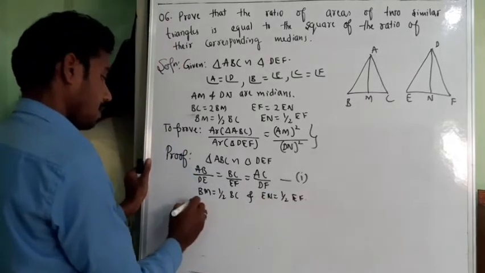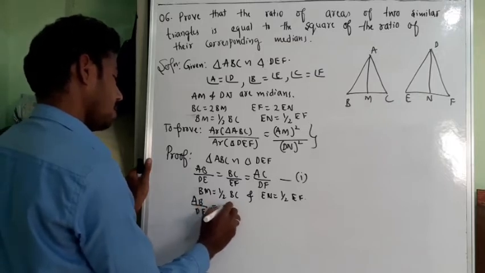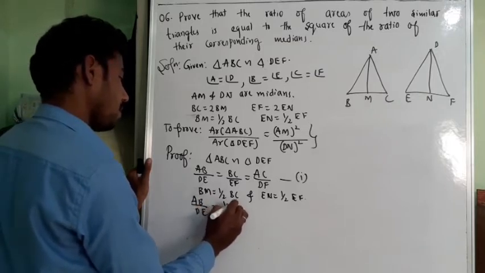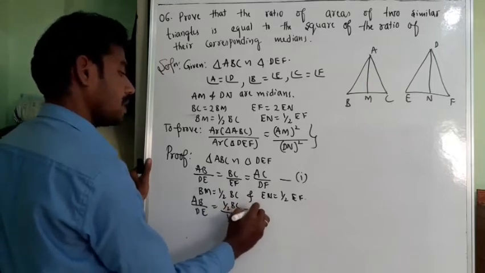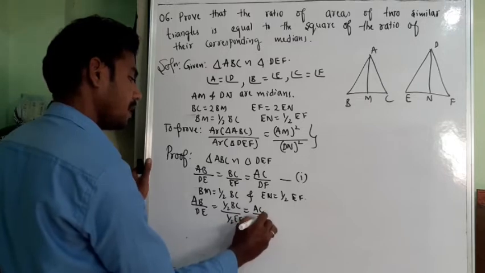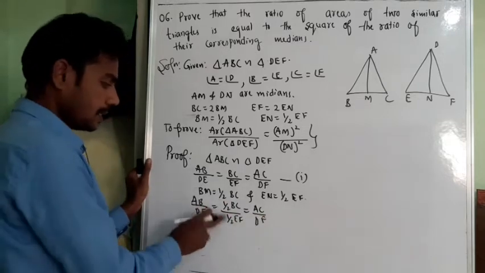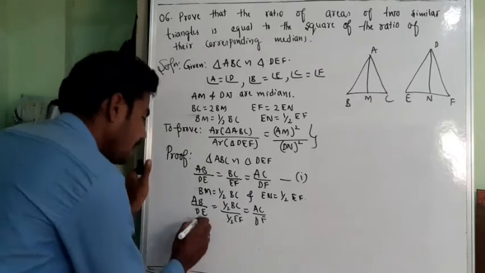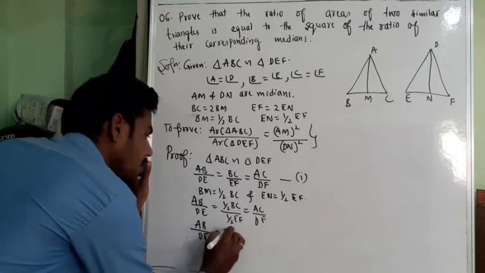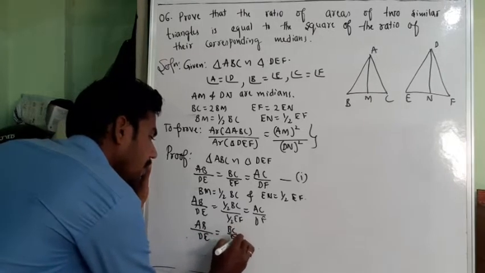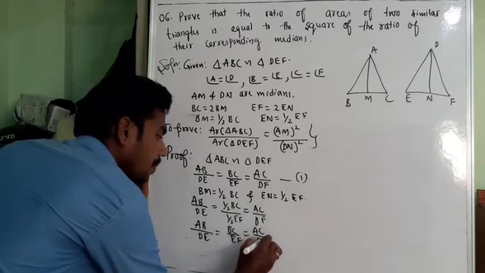So AB by DE is equal to, BC can be written as half BC divided by half EF, is equal to AC divided by DF. If you cancel half, you will get BC by EF. So this is the alteration I made. So what you will get? AB by DE is equal to BC by EF is equal to AC divided by DF.